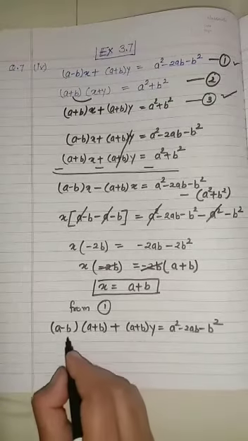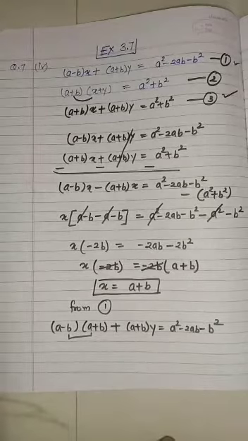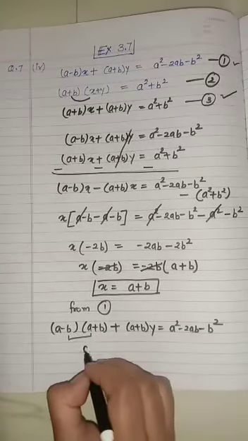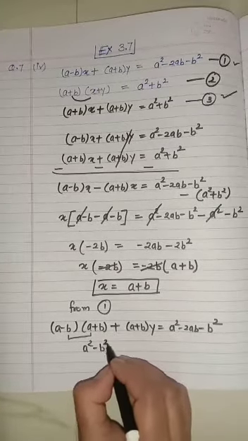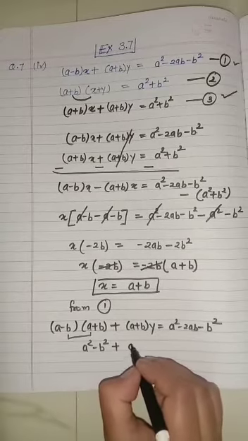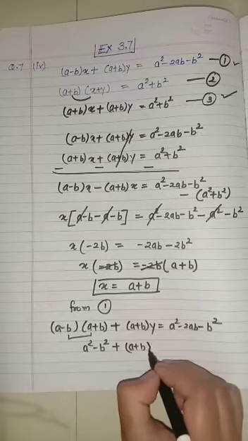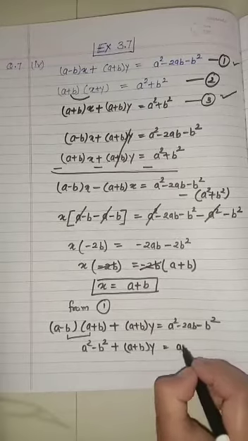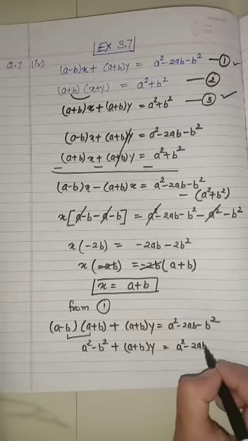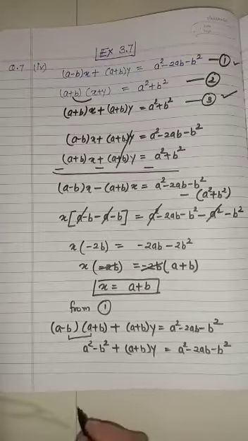Now student, as we know, which identity we will use here, (a plus b) into (a minus b)? Yes, a square minus b square plus (a plus b) into y equal a square minus 2ab minus b square.